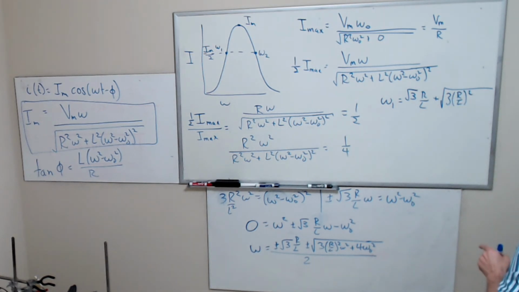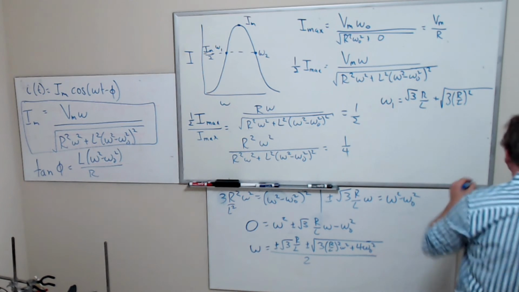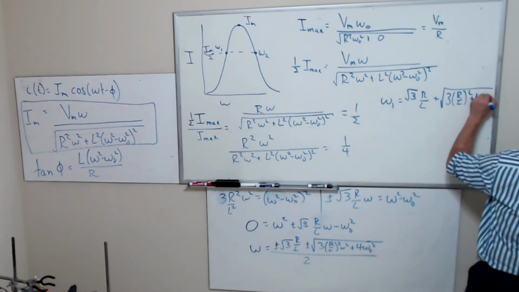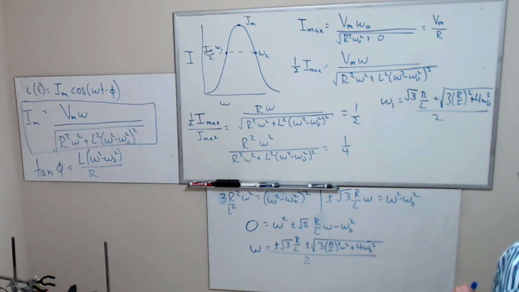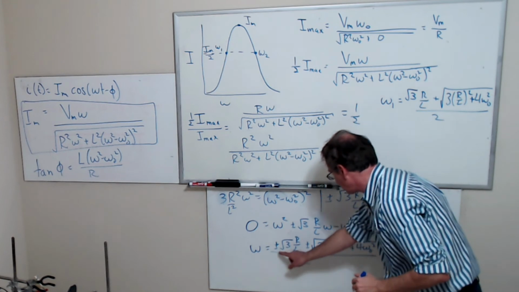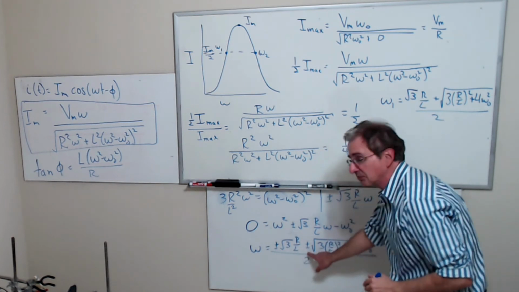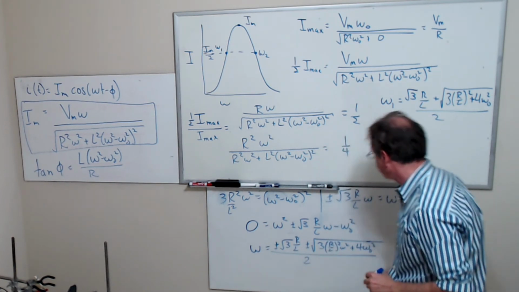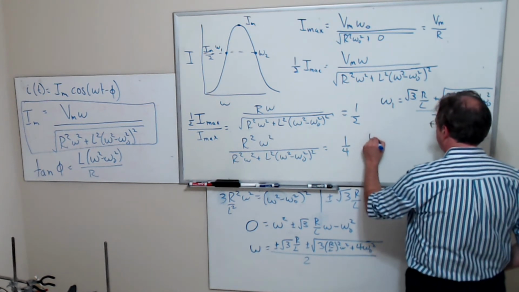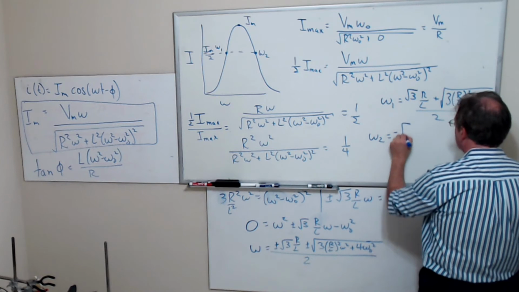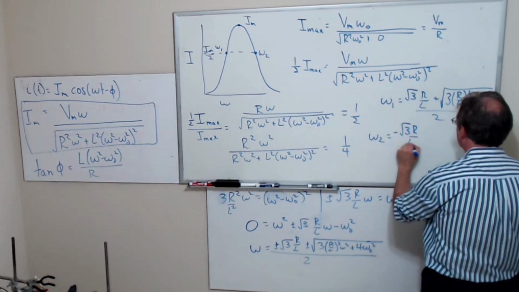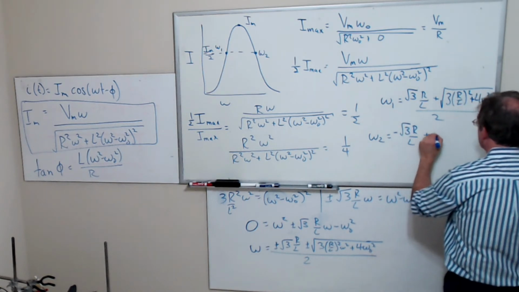That's one of the solutions. Now the other solution is the case when this is negative and this is positive. So I'm going to get minus the square root of 3 r over L plus the rest.